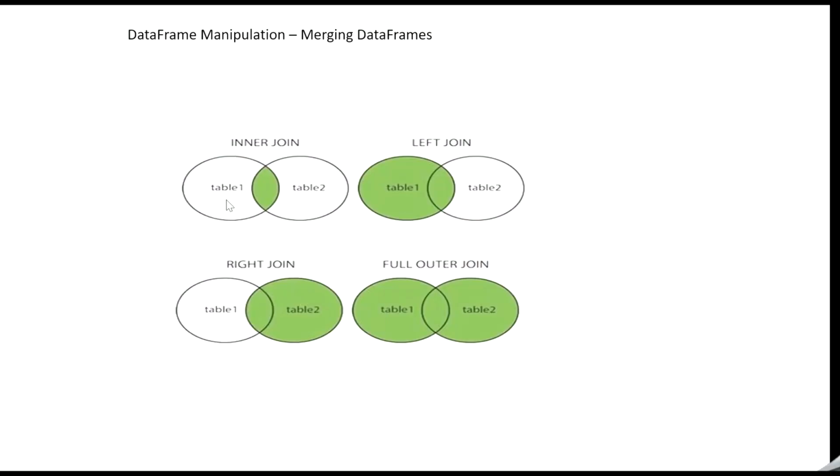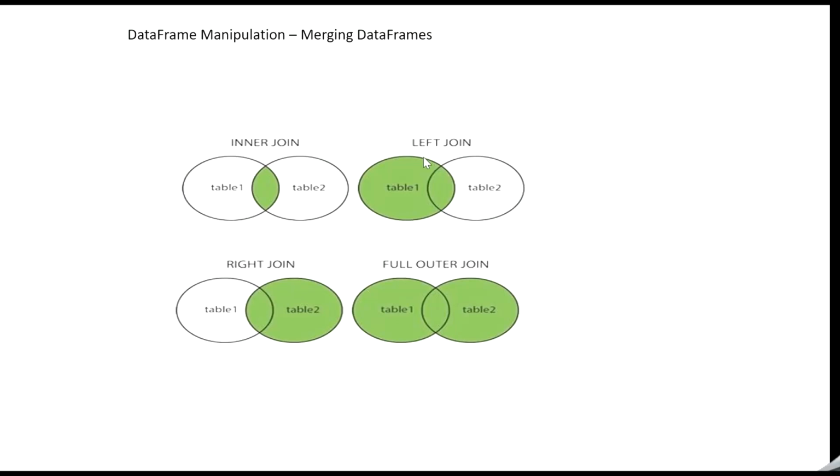So inner join means there'll be two data frames. Instead of table 1 and table 2, we have to consider the left data frame and the right data frame. In the inner join, we get the intersection records of the left data frame and the right data frame. So we get the matching records in both the data frames. Now let's consider the left join.